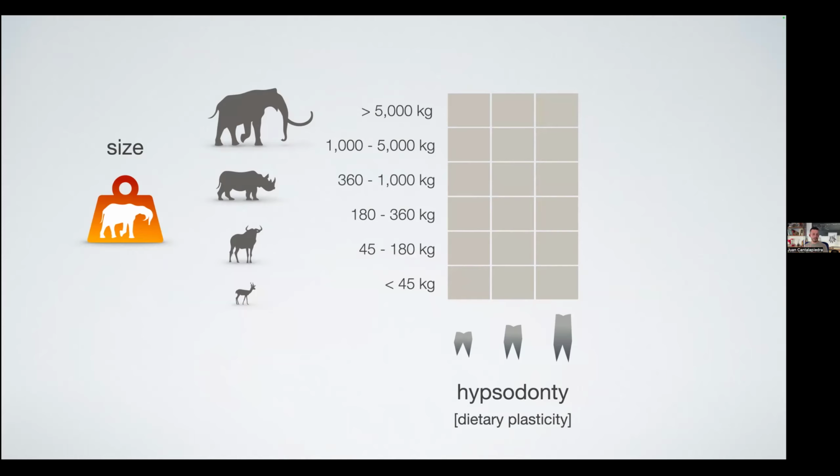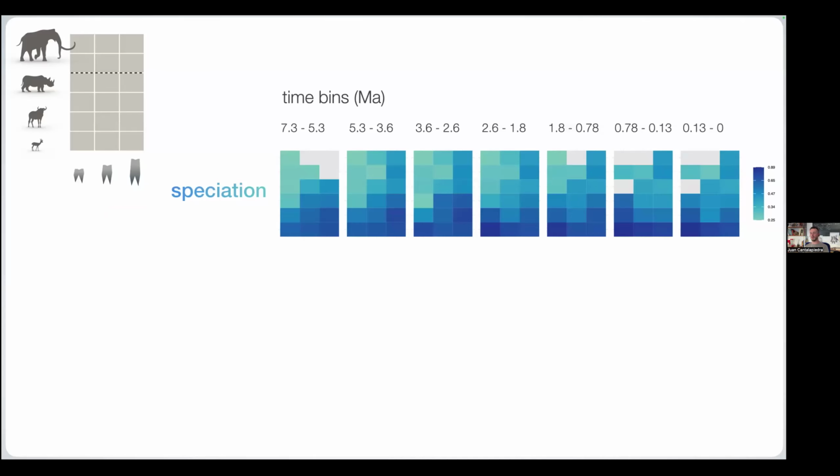And this is something that, when Thorsten developed this, I was like, okay, this is just fantastic, because now we can just look at the speciation over time across the ecospace and see where speciation was faster or slower across time. I'm focusing here on the last 7 million years, which is where the trend really gets more interesting in terms of extinction.